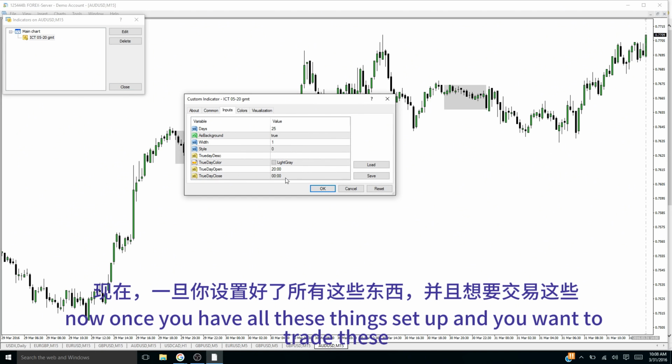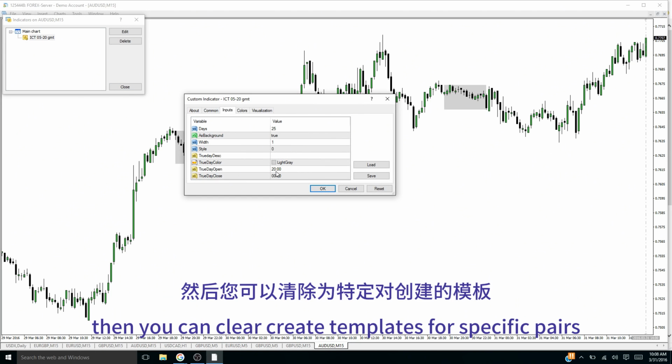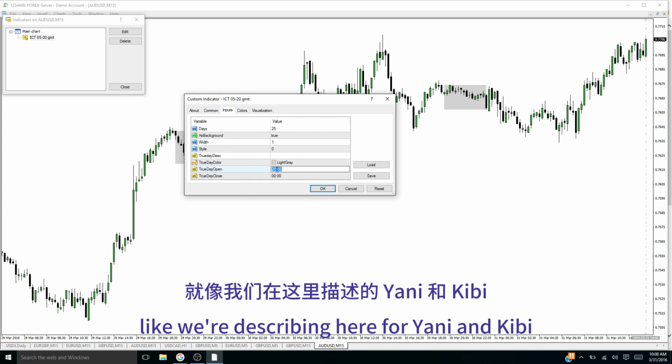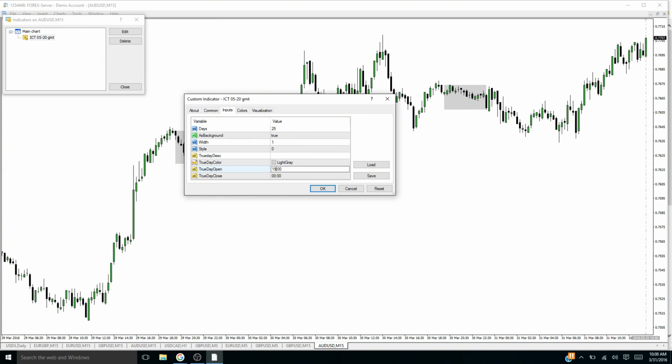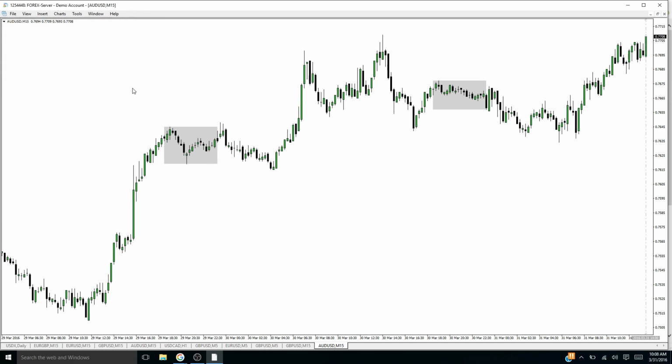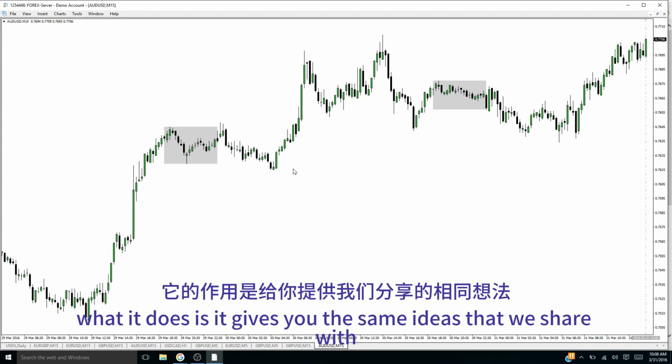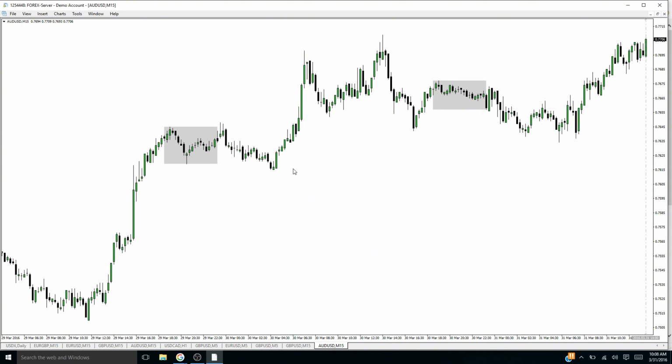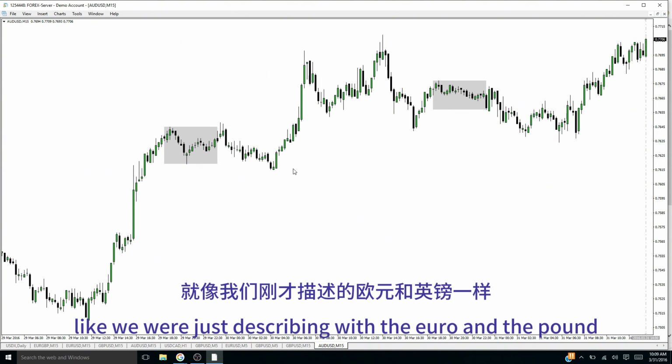Now, once you have all these things set up and you want to trade these, you can clearly create templates for specific pairs like we're describing here for yen, Aussie and Kiwi. By having this, it gives you the same ideas that we were just describing with the euro and the pound.